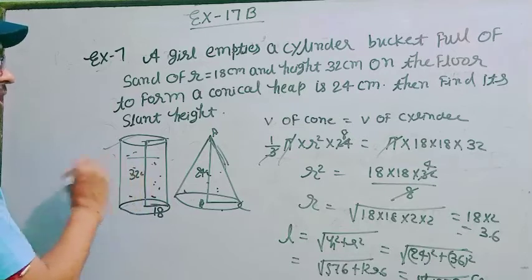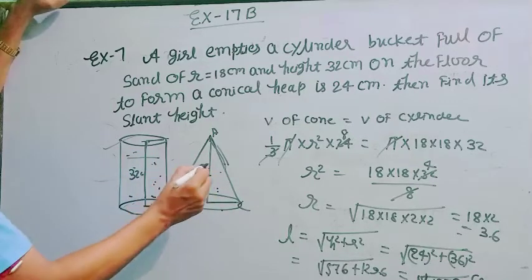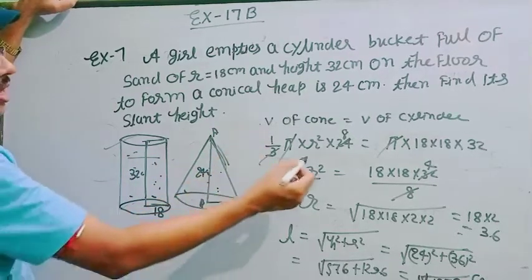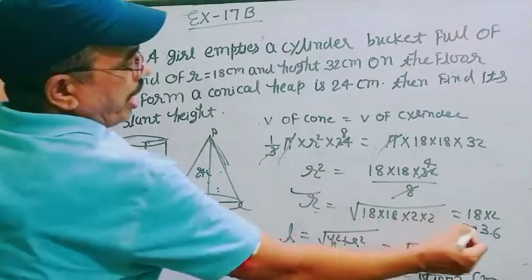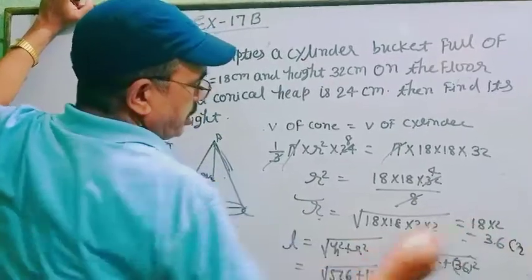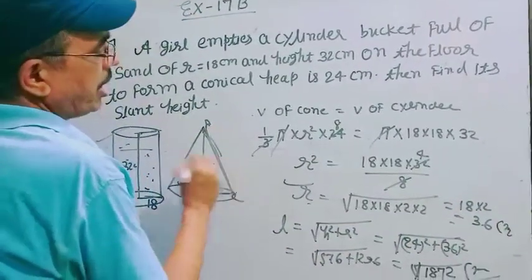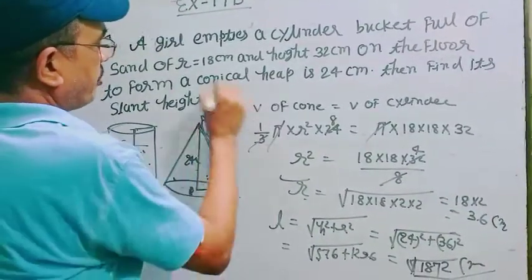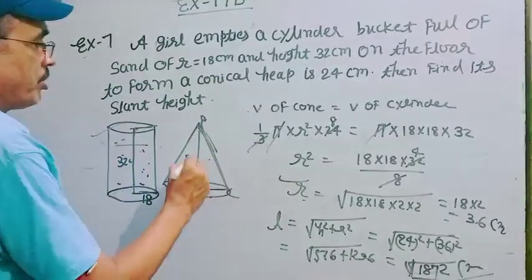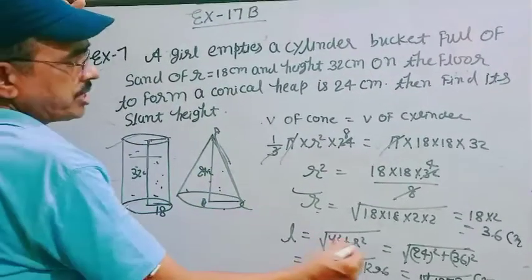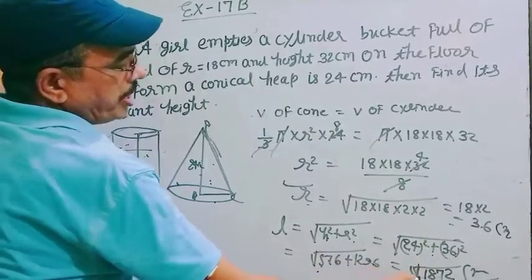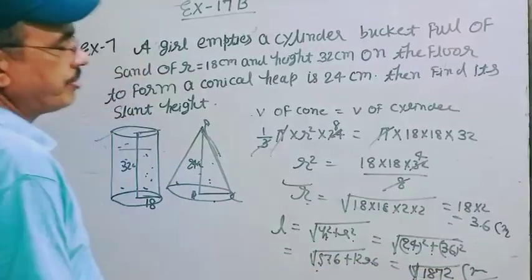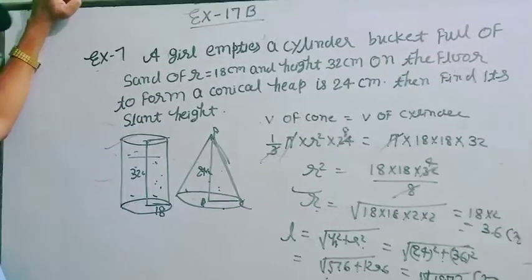So the volume of the cylinder is equal to the volume of the cone, and with the help of this equation, you can find the value of r. After that, when you find r is 36 cm, your question is what is l, that is, what is the slant height of the conical part, and it is equal to root of h square plus r square. So 24 square plus 36 square, and when you add it, you get root 1872 cm, and that is your answer.